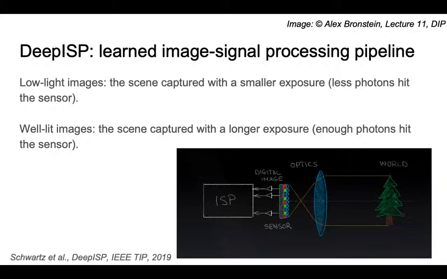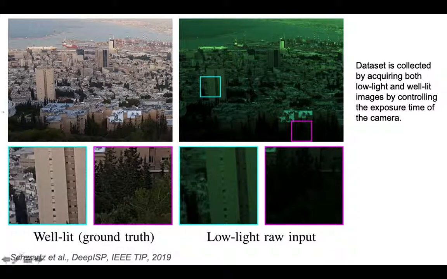So this is one of my lab mates who did this. He captured some data. On terminology, low-lit images are the ones acquired with a very short exposure time, and well-lit images are the ones acquired with more exposure time. For example, this image is acquired with a larger acquisition time, and this one with a shorter acquisition time.